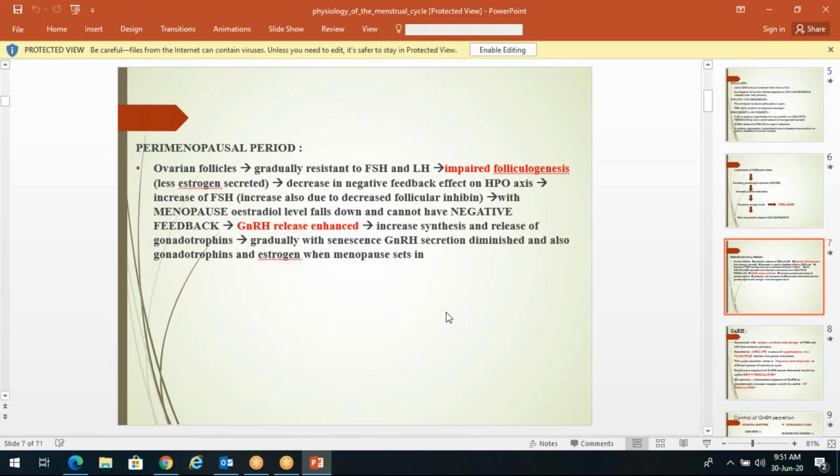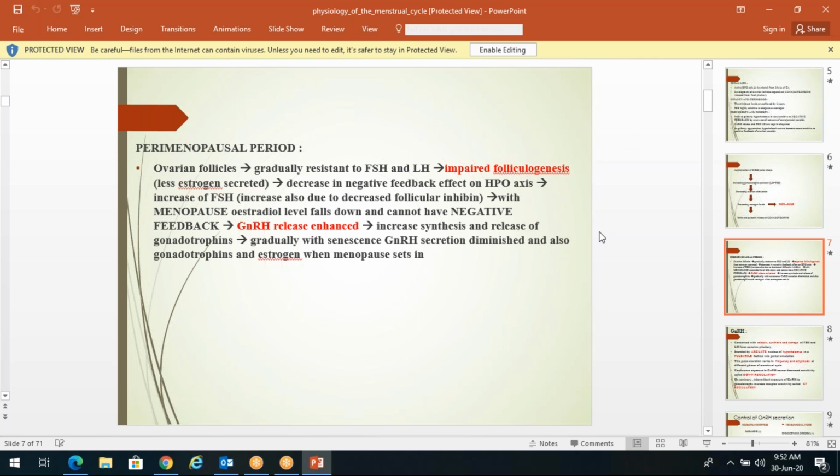So if no secondary oocyte or Graafian follicle is generated, there will be no ovulation, no estrogen production, and no progesterone production. So there is less estrogen secreted and a decrease in the feedback effect on the HPO axis.